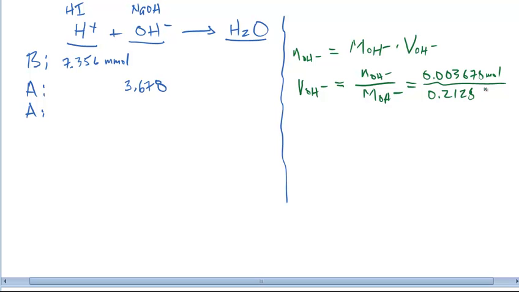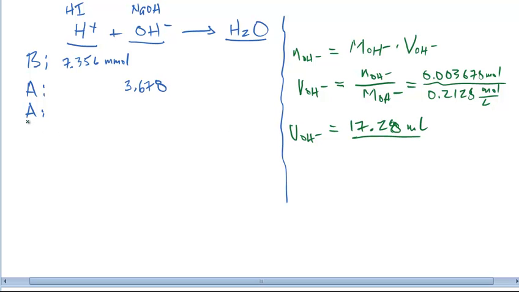I'm going to unpack the molarity into moles per liter so we can see that we end up with liters. When you do that calculation, the volume we need of the hydroxide is 17.28 milliliters. That's the volume of hydroxide solution.